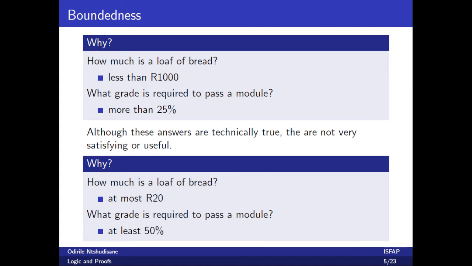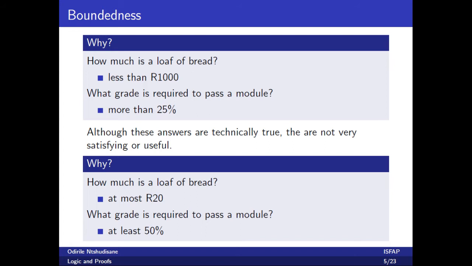So, as we remember, bounds give us some information as to the upper limits of something, such as the price of a loaf of bread, or the lower limit of something like a pass mark. However, the answers of a loaf of bread having an upper bound of 1,000 rand and a module's pass mark having a lower bound of 25% aren't very satisfactory or useful answers.